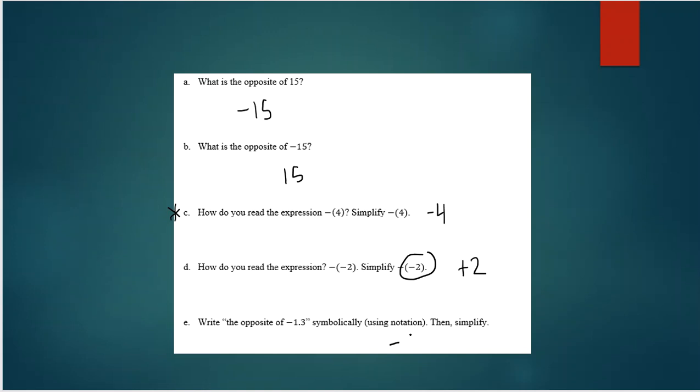So if we're doing the opposite of -1.3, that's going to look like this. And if we have our number line here, and this is 0, and this is -1.3, the opposite of -1.3 would be +1.3.